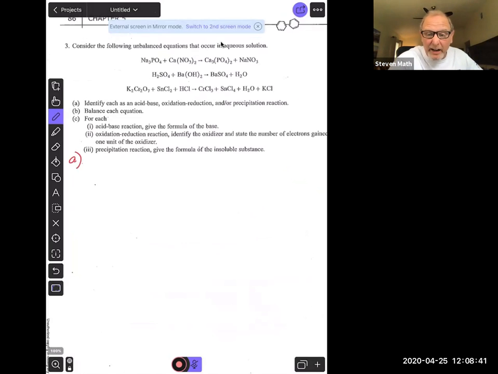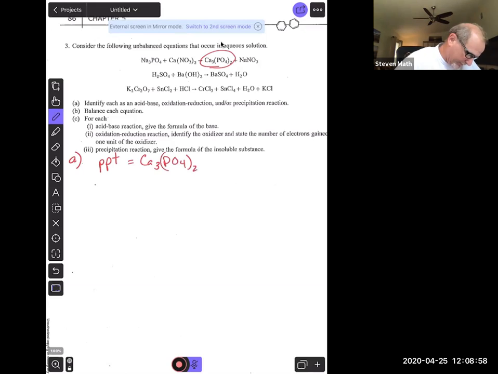It's 2 ionic compounds, looks like double replacement, should lead me to a precipitation reaction. So the first one's going to be a precipitation reaction because Ca3(PO4)2 is my precipitate. That's going to be a solid.